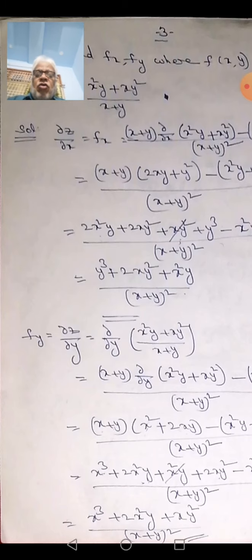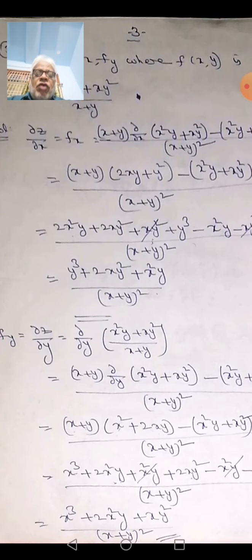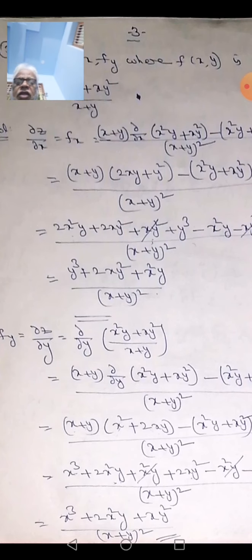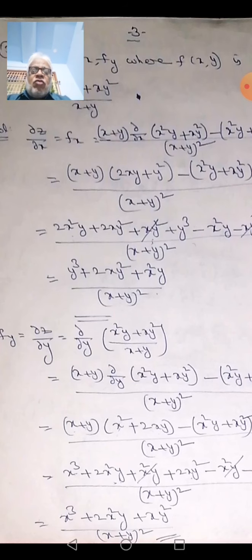Again dou z by dou y is equal to dou by dou y of (x square y plus xy square) by x plus y. Again here the numerator has x and y terms, and the denominator also has x and y terms. So again we use the u by v method, but the answer is different because here we differentiate with respect to y.